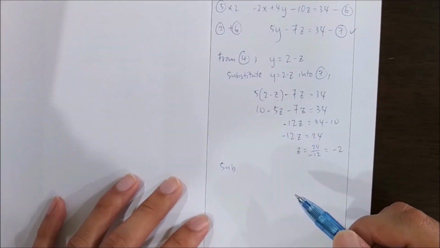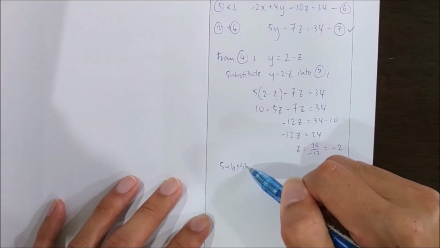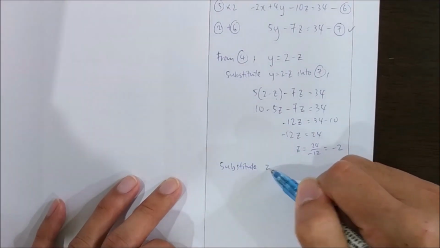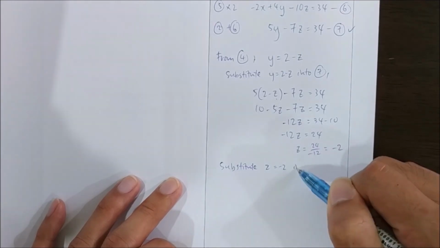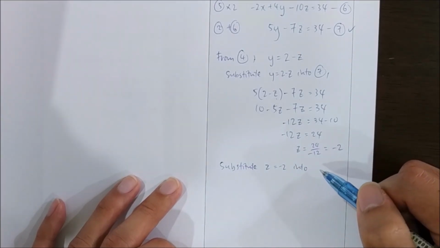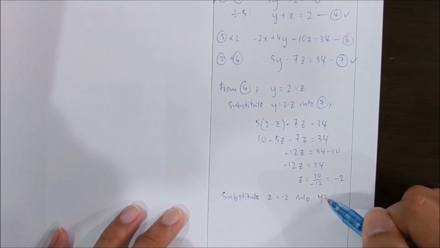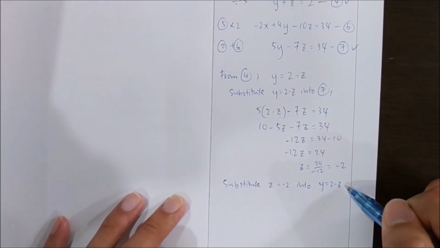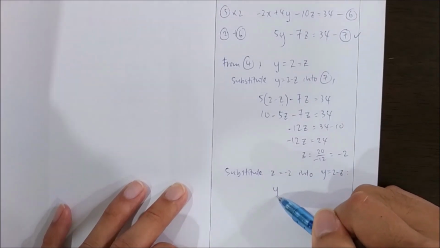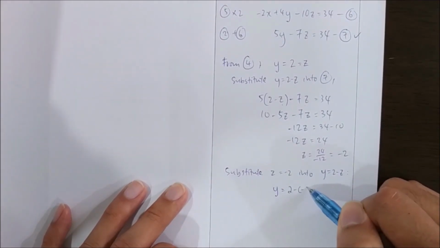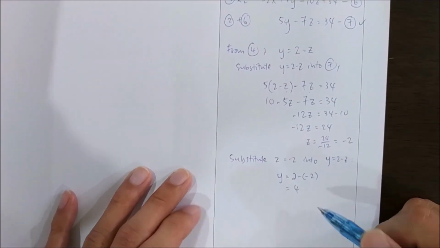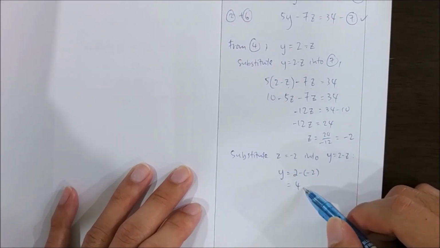Now we substitute z equals -2 into the previous equation here in order to find the value of y. So y equals 2 plus 4. 2 plus 2 equals 4.